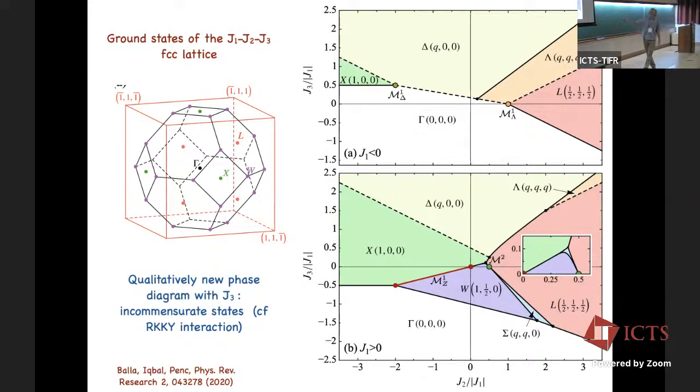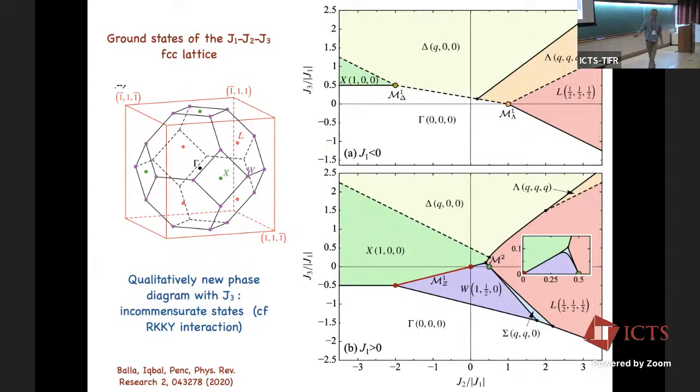What you see is that introducing J3 introduces new qualitative features, namely, incommensurate states appear. This is also related to what we heard from Mortimer-san, that longer range interactions, for example, introduced by RKKY interactions, can stabilize incommensurate order.